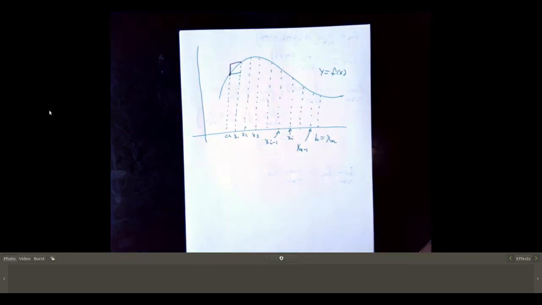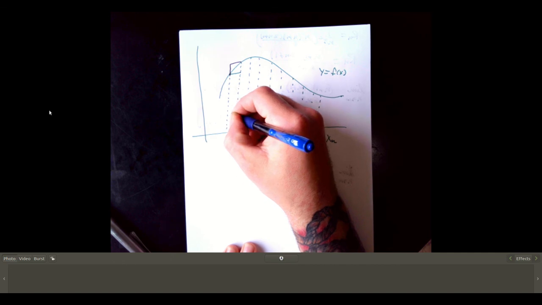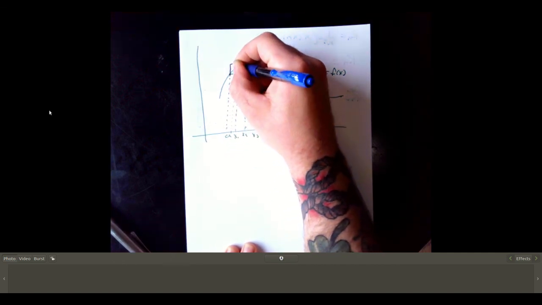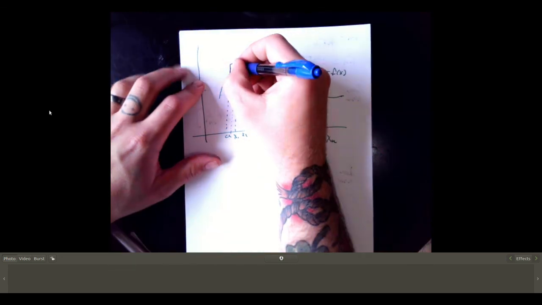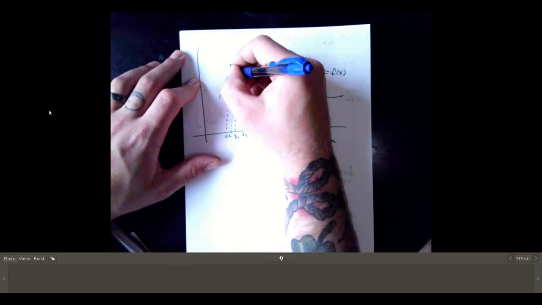We could also use our midpoint. Our midpoint, we would pick the value right in between, and get this height, and we would approximate this region with this rectangle.